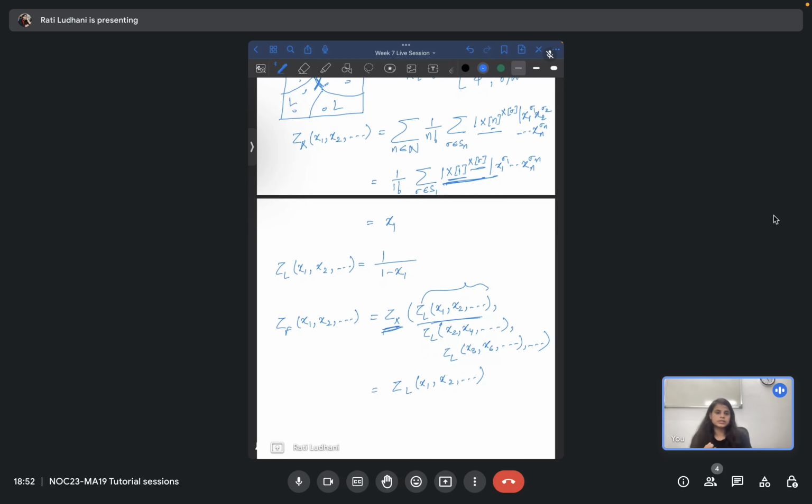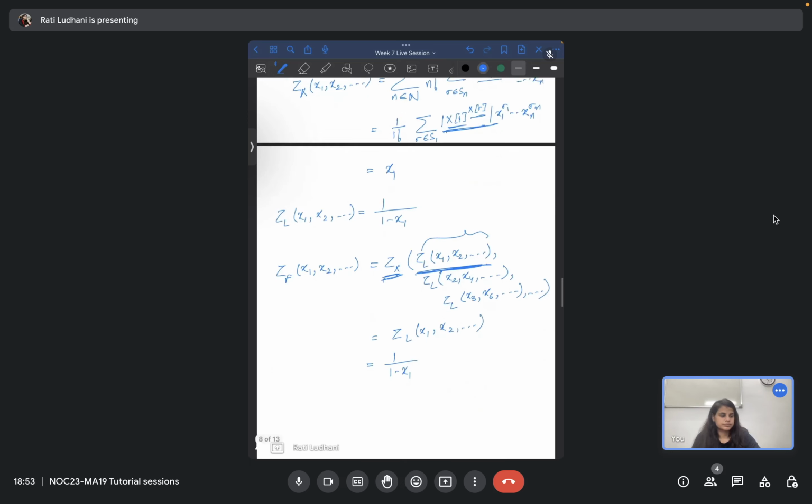Zx says the value is x1. X1 is the first coordinate, so the first variable has this value. So you'll just take this, and you know this is 1 by 1 minus x. Is that clear? Is that clear?